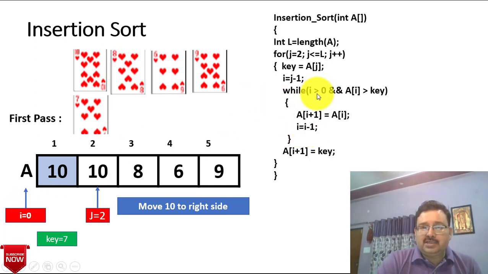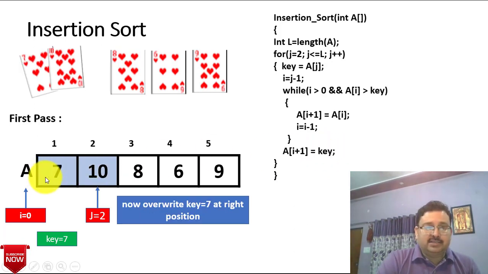It crosses the limit, so stop here. Now come outside the while loop. Then i plus 1, 0 plus 1. Now store, or you can say overwrite, the value of key in the first location, like this.